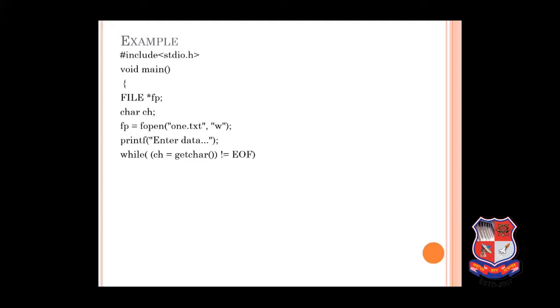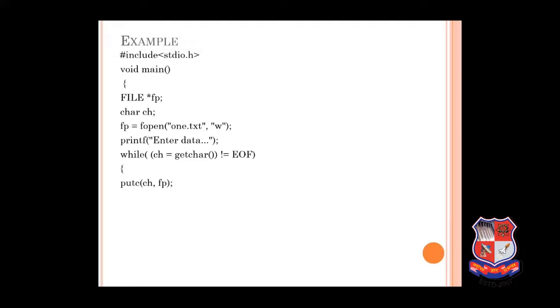So every file ends with EOF, end of file. Hence we know the file has ended here. So my while loop will get a character and store it into ch until it reaches EOF. Until and unless the character is EOF, it will get characters and store them into ch.